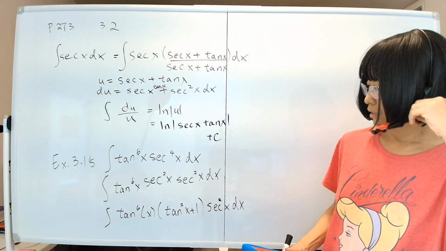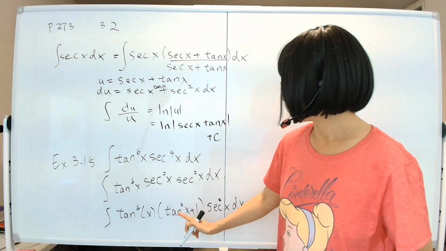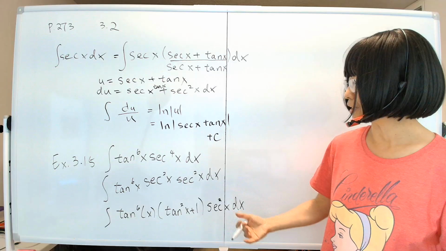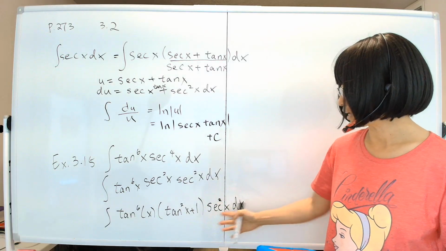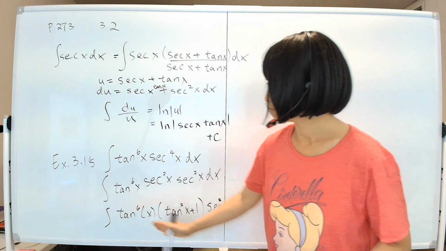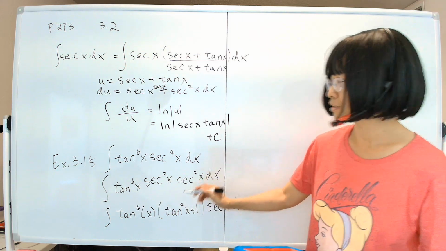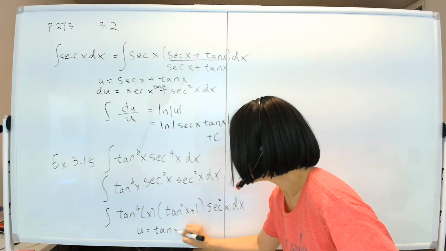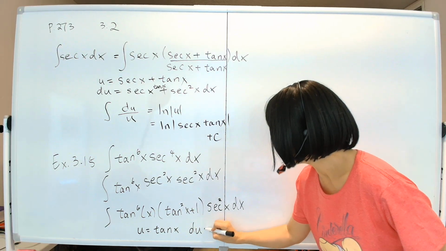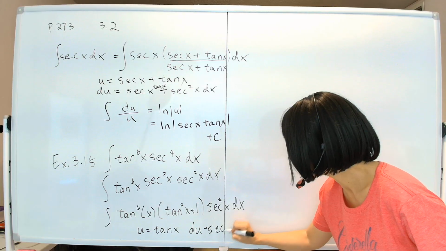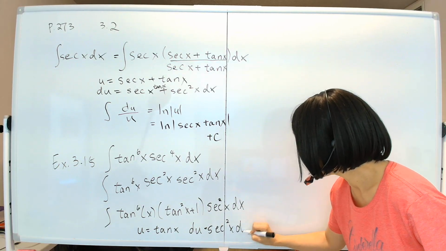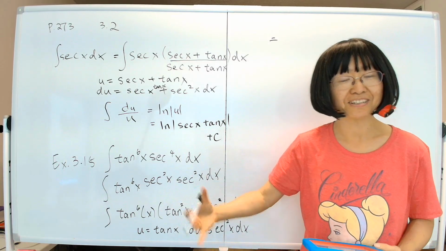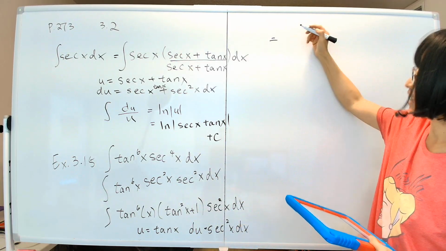At this point, we remember the derivative of tangent is secant squared. So we've got the du taken care of. We need this part. And then we're just going to use the u substitution for tangent x. So u is going to be equal to tangent x, and then du is going to be, of course, secant squared x dx. At this point, we have gone past the hurdle. We jumped over the hurdle, and now we're good to go.